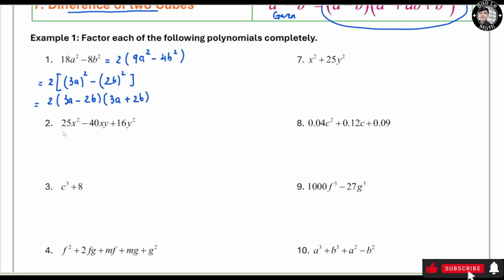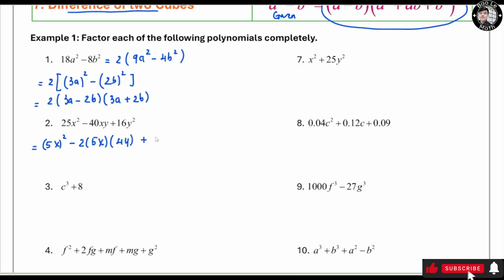Now question 2. 25x squared minus 40xy plus 16y squared. This guy is actually 5x altogether squared, right? Minus 2 times 5x times 4y, right?